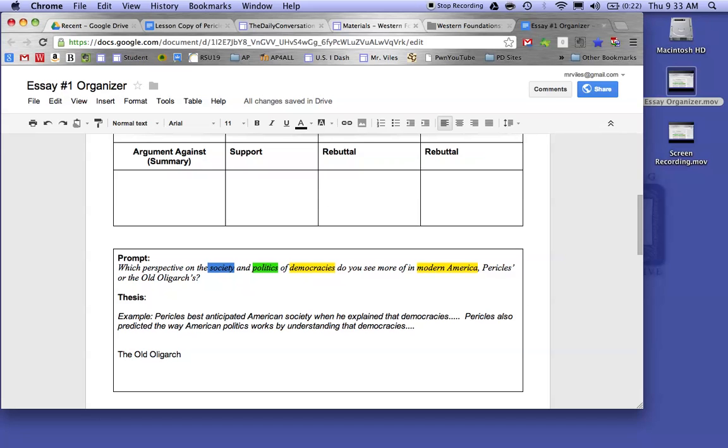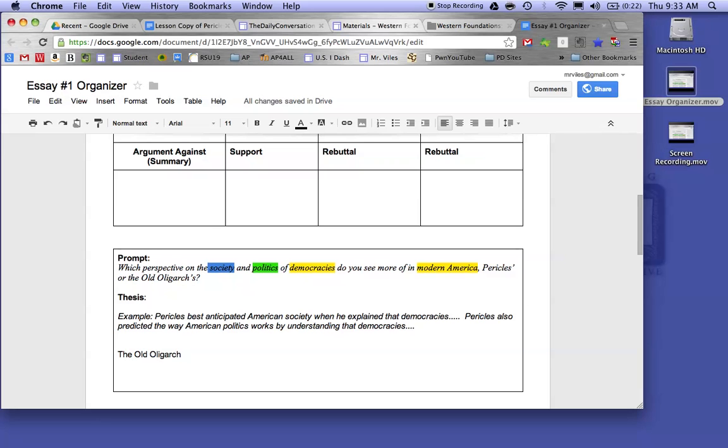We look at the prompt. Well, what are we talking about here? We're talking about who had the better perspective on democracies. And in modern America, we're a kind of democracy. We're a democratic republic. We have popular vote. And so we say, okay, we're really looking at which of these two men were right about what democracies do and how they function.